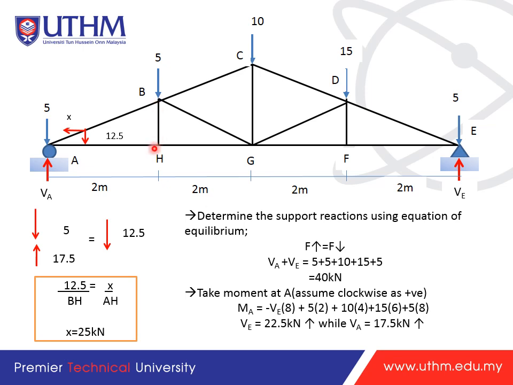Okay, BH. And then x will be divided by AH, which is 2. Okay, so we get 25. So BH, the question already given to you, the length from B to H is 1. So that's why we just take the value of BH as 1.